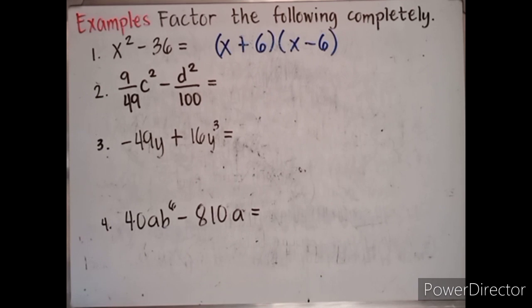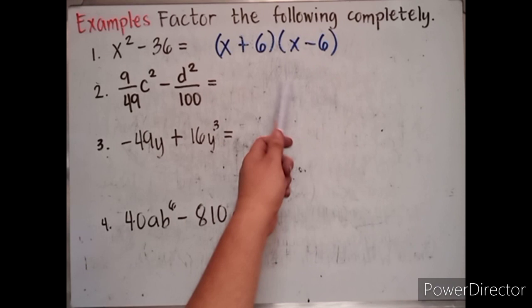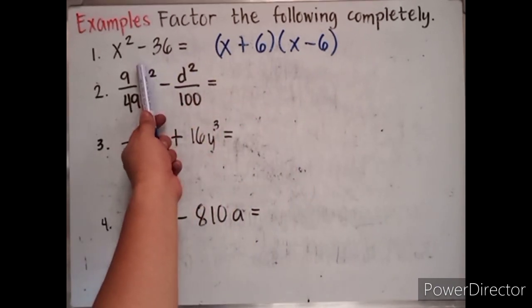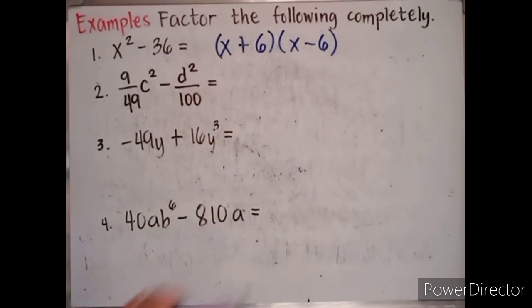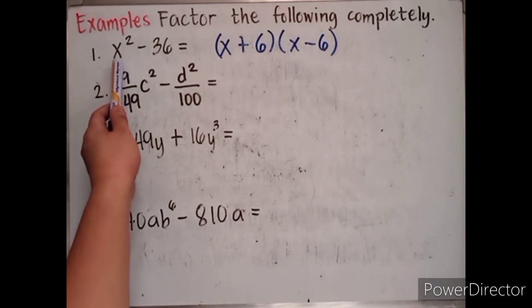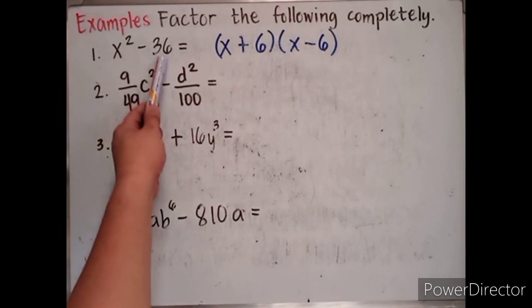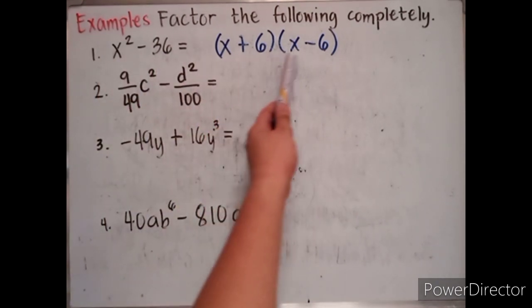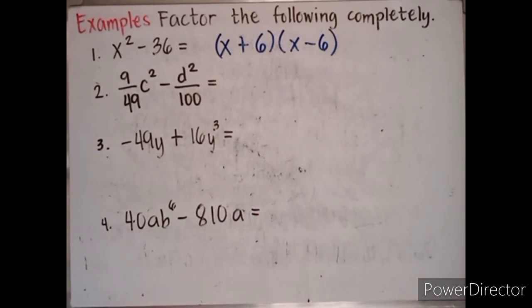So this is the reverse or the inverse of our V3, yung third video natin, yung product of sum and difference of two terms. So gayon naman, imbis na minumultiply natin, papunta rito, pina-factor naman natin. So, pabalik naman tayo. Again, square root of this one, x, square root of this one is 6. Then, isa plus, isa minus. So, ganun lang po kadali yung pagpa-factor ng DTS.